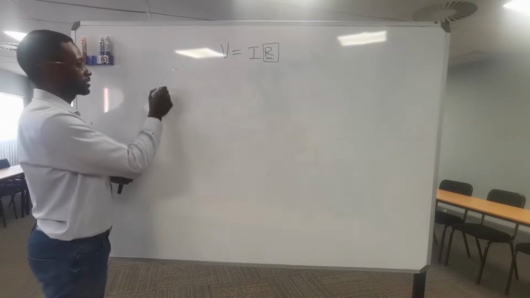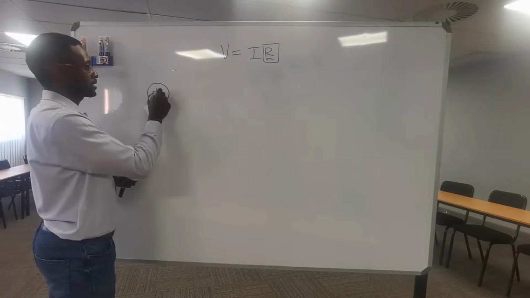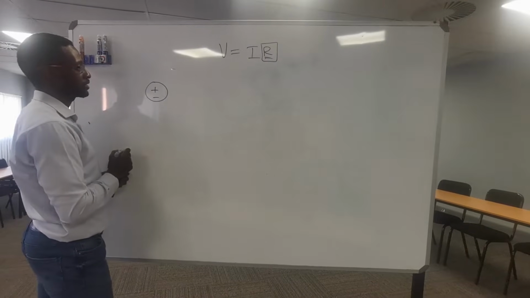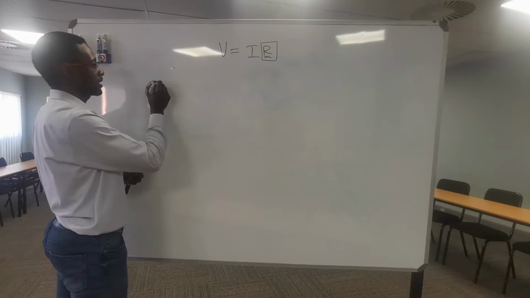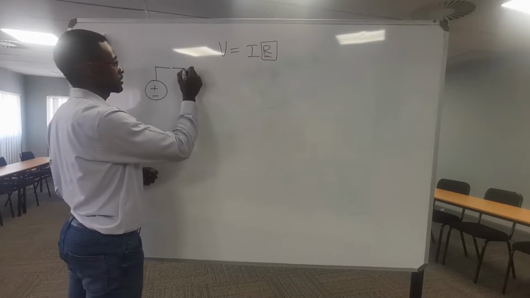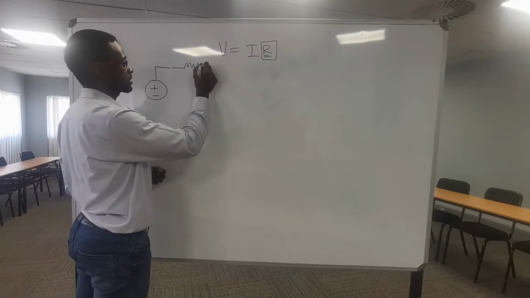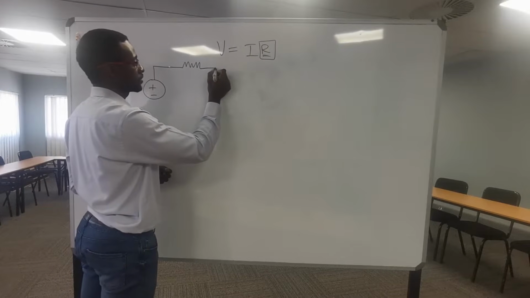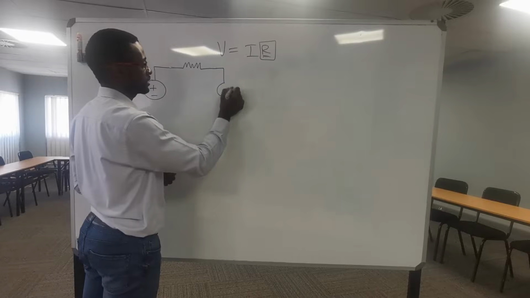How the practical is set up in your lab guide, they tell you that you're going to have a source, and that source will be connected to a resistor. You will also connect an ammeter.